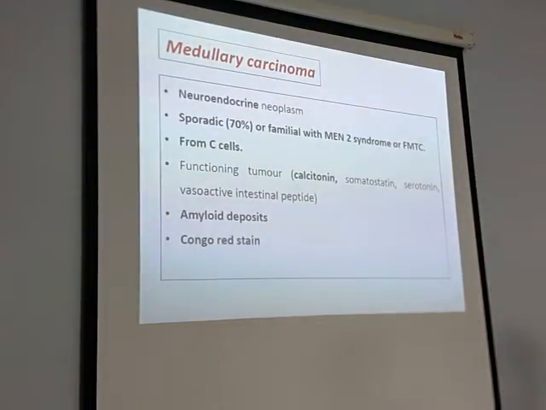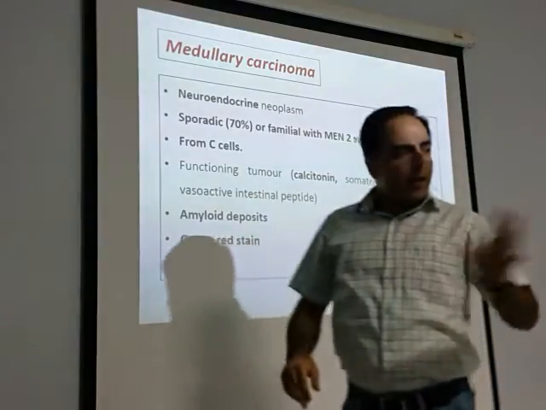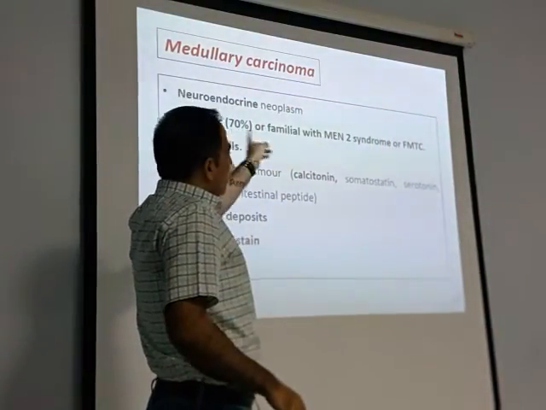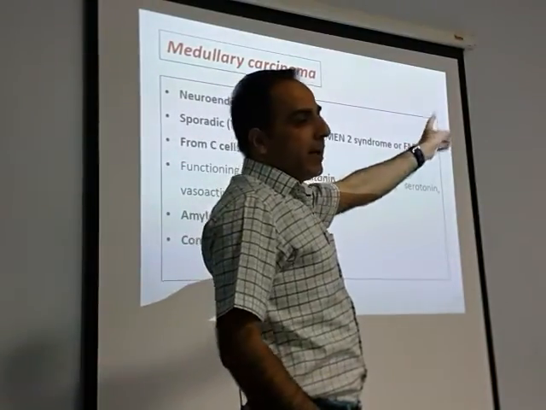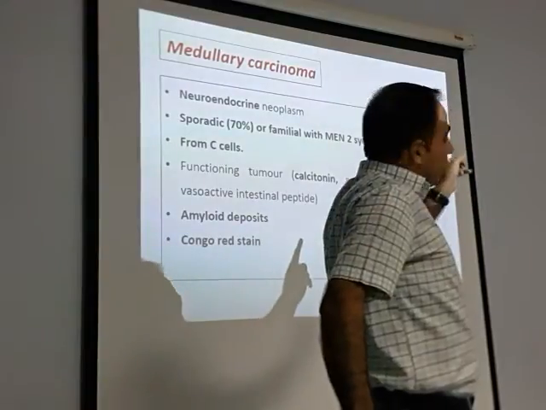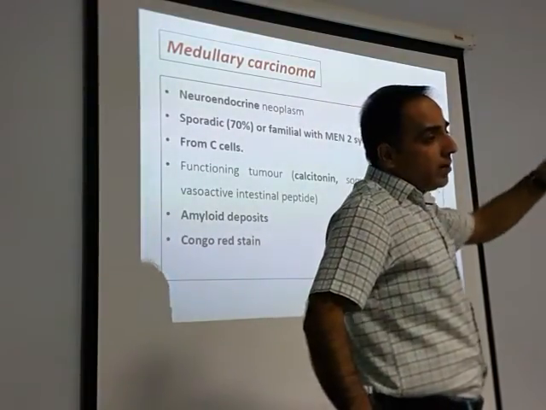You know this familial and sporadic. Familial means which has a genetic basis and runs in the families. Sporadic can happen anywhere. So 70% sporadic, 30% familial, and associated with, remember, MEN2 syndromes, maybe MEN2A or MEN2B.